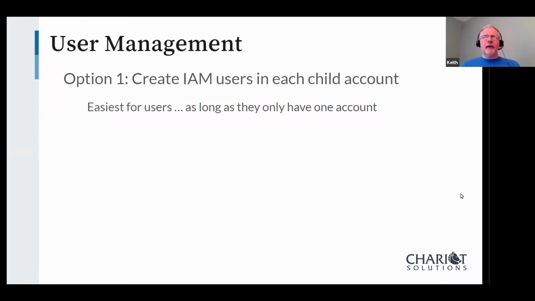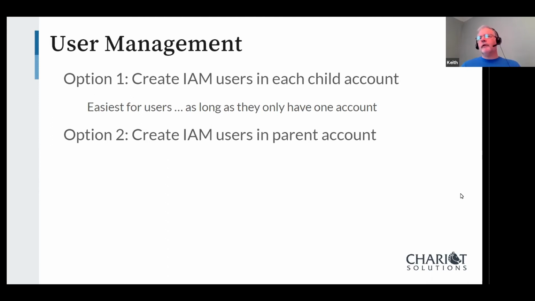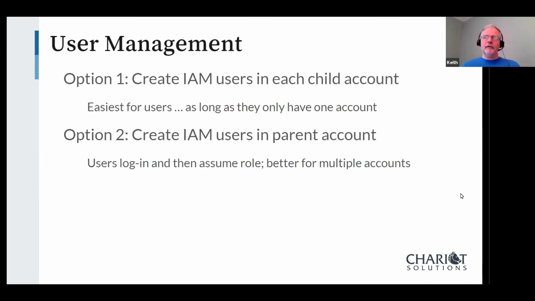If they have multiple accounts, that becomes really painful. Option number 2 is you create your IAM users in the parent account. Don't really give them permissions in the parent account other than the ability to assume a role into a child account. And this I've found to be a lot better if you have lots of accounts that you're bouncing around through. And anecdotally, everybody that I've introduced this to is very happy with it.